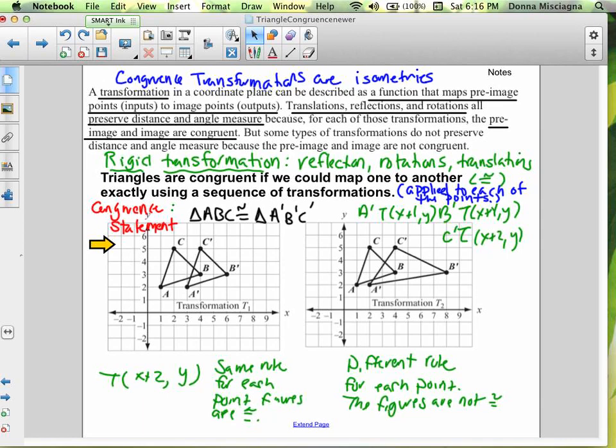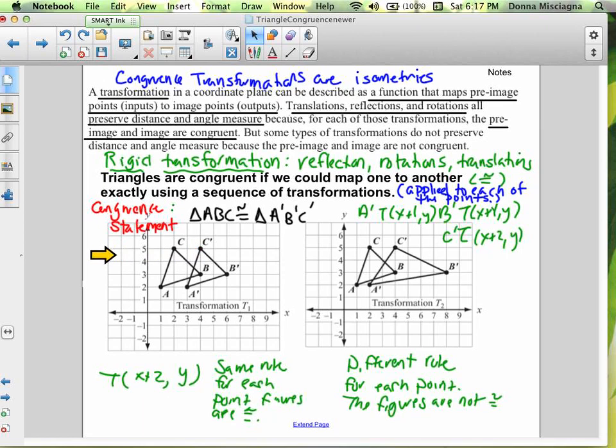The pre-image is this one. It does not have prime marks on it, and then this one would be the image. And notice that each point moved the exact same direction. They each moved 2 spaces to the right. 1, 2. Each point went 2 units. 1, 2. So what's a space?